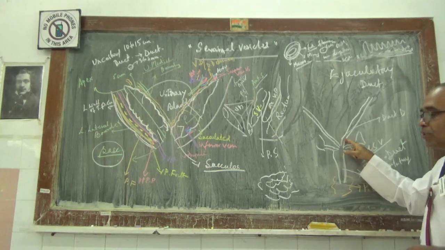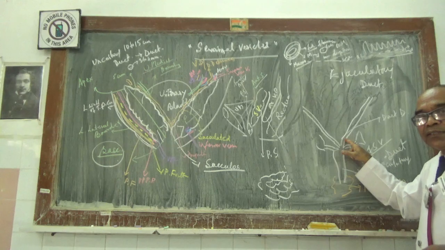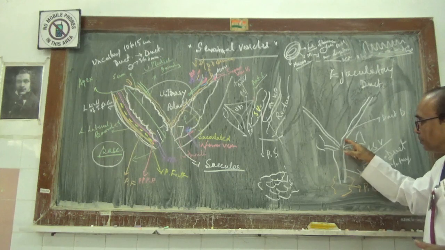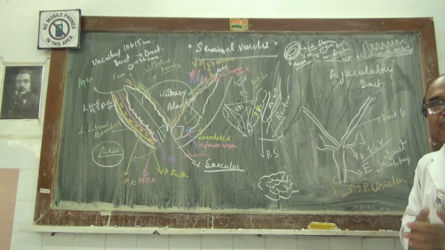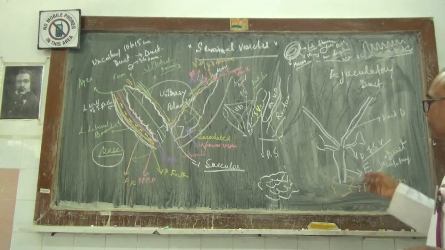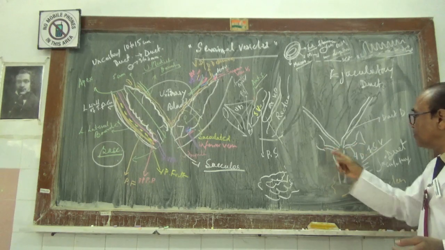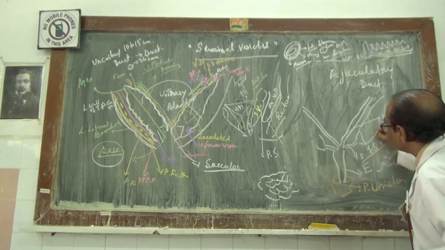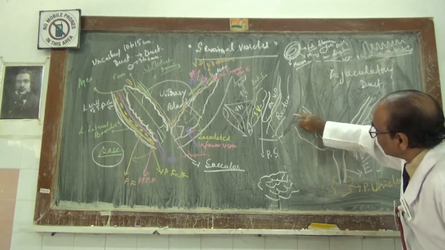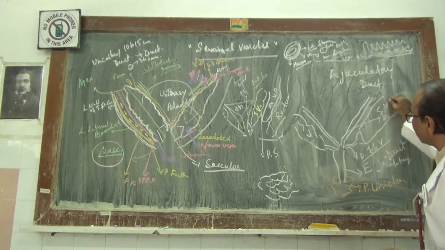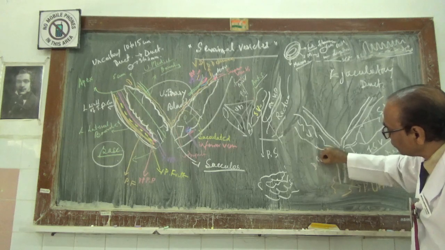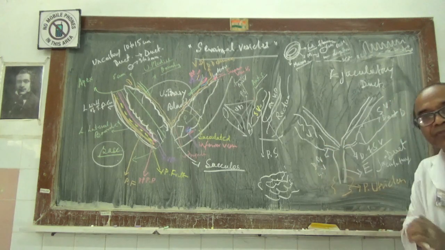They join the ductus deferens, which comes on either side from the top, and give way for the formation of the ejaculatory duct. So these are the ducts of the seminal vesicle.